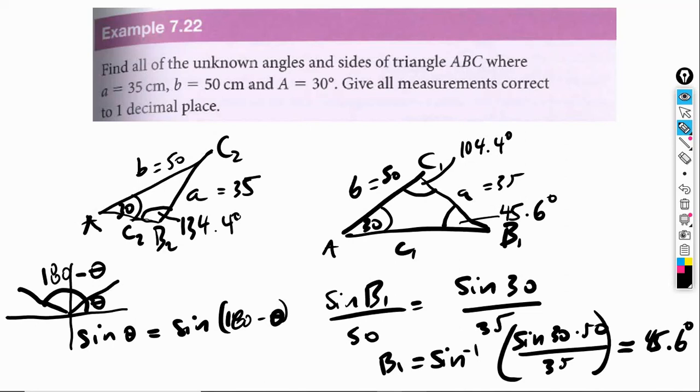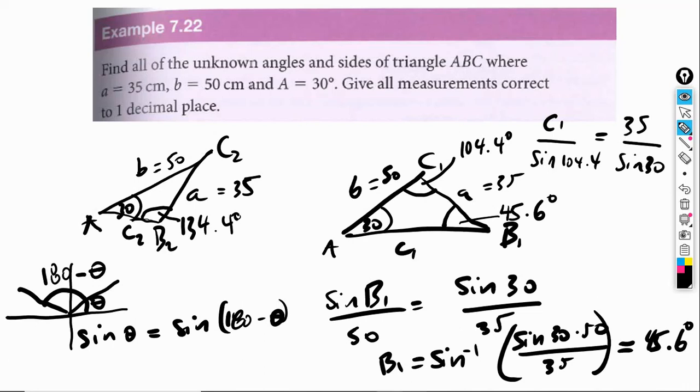And then notice that we have enough information to find the length of C1 as well. So we can say that C1 over sine of 104.4 is equal to, let's use 35 just to keep it safe, 35 over sine of 30.